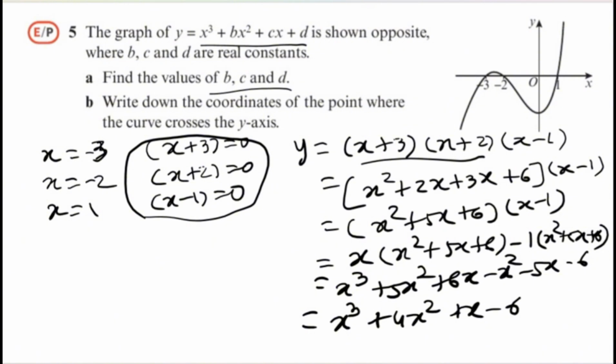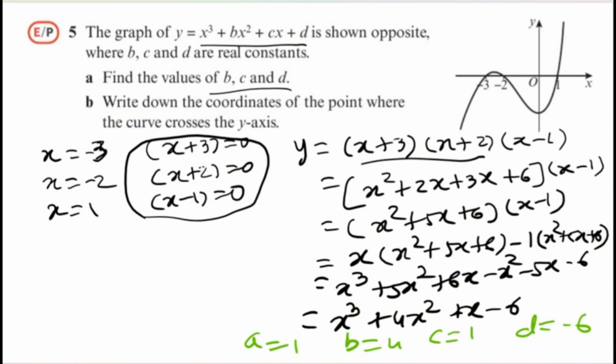Now equate our equation with the given equation. So you can say a is equal to 1, actually we don't have to find a, b is equal to 4, c is equal to 1, and d is equal to minus 6. So this is the answer for part A.